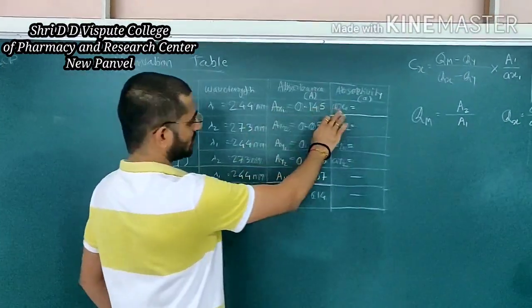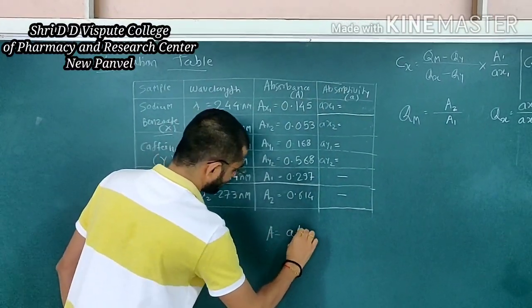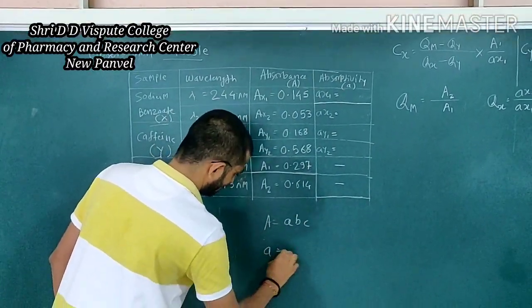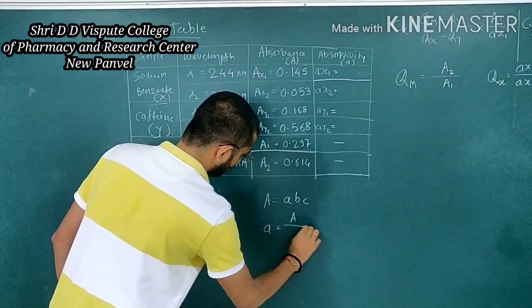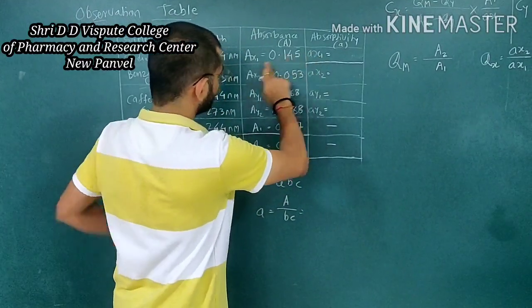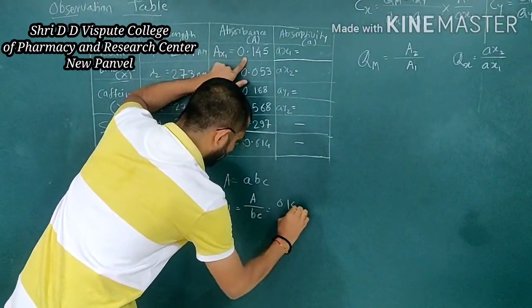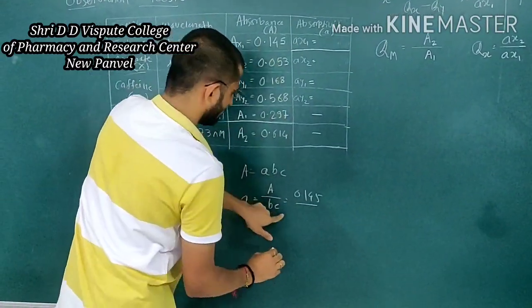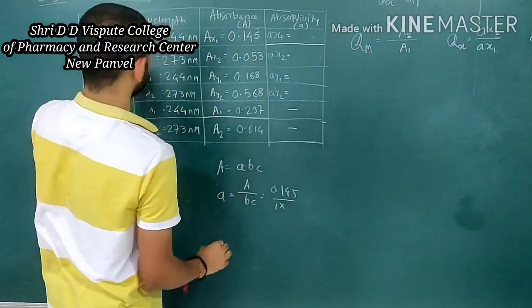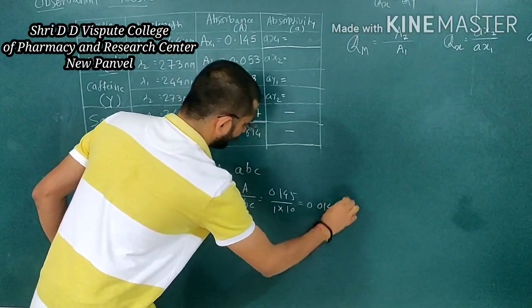As per the previous experiment, again calculate the absorptivity values using Beer-Lambert's law, A is equal to abc, so small a is equal to capital A upon b into c. Putting in the value for AX1: absorbance A is 0.145, b is 1, and the concentration of sodium benzoate is 10, so it is 0.0145.